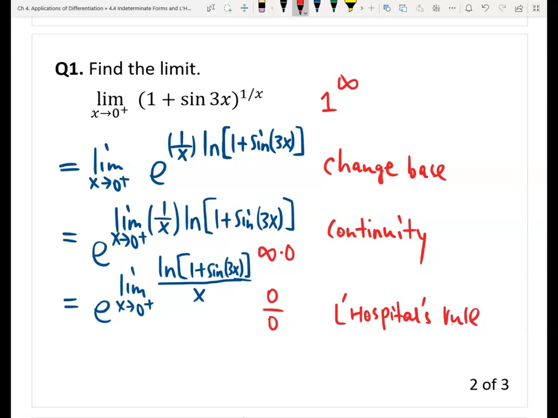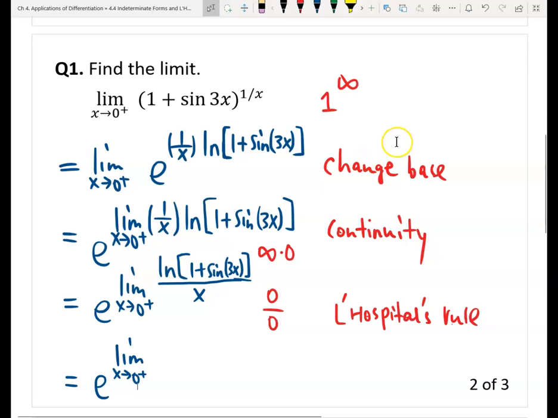So we need to take a derivative. So what do we have? The derivative of x is 1, so I just ignore it. And then we need to take a derivative of the numerator, which is a composite function. We need to use the chain rule.